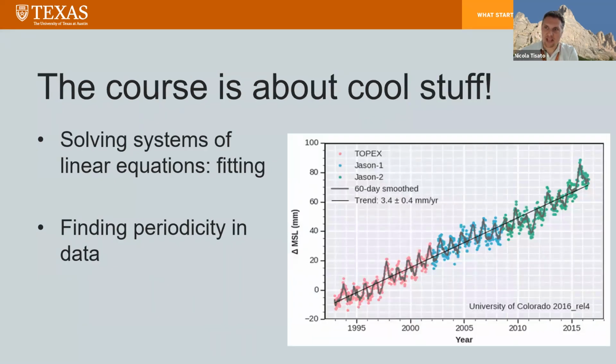So here are some examples of the cool stuff that you can try to understand and solve using MATLAB or programming in general. For example, we will try to solve systems of linear equations. And with that, we can fit data. We can fit observations. In this case, these are ENSO data, which are sea level data in the last 25 and more years.